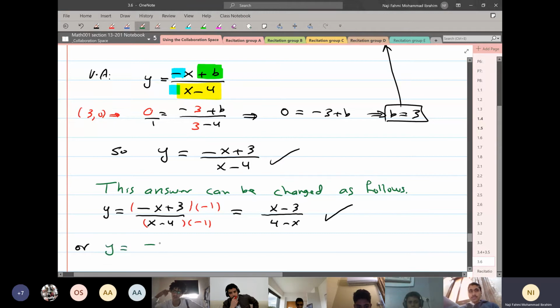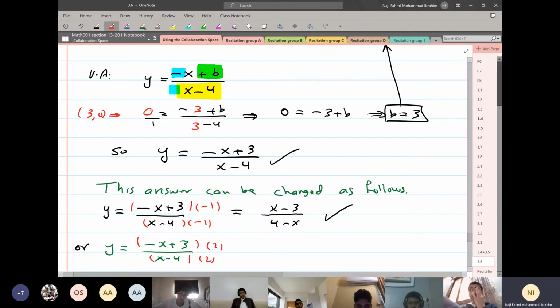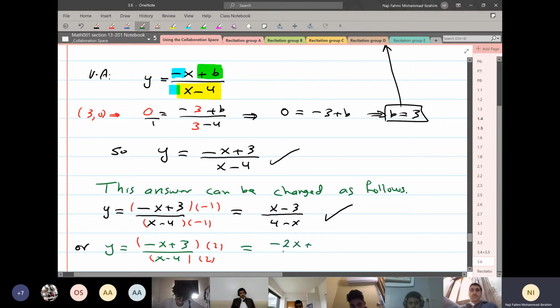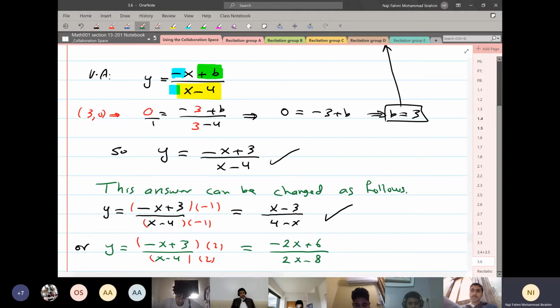I will say -x plus 3 over x minus 4, and he can multiply by, let's say, 2. If we multiply by 2, what will the answer be? -2x plus 6 over 2x minus 8. Or he can multiply by -2, not only 2. So all these answers are correct.